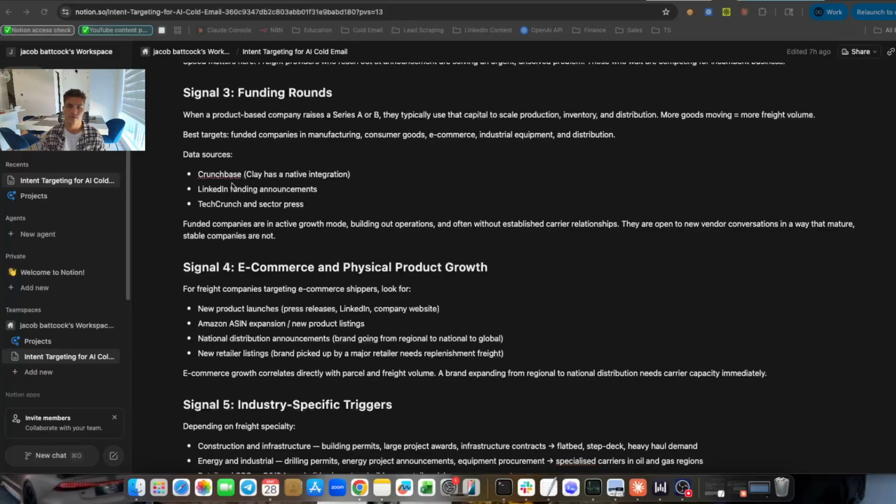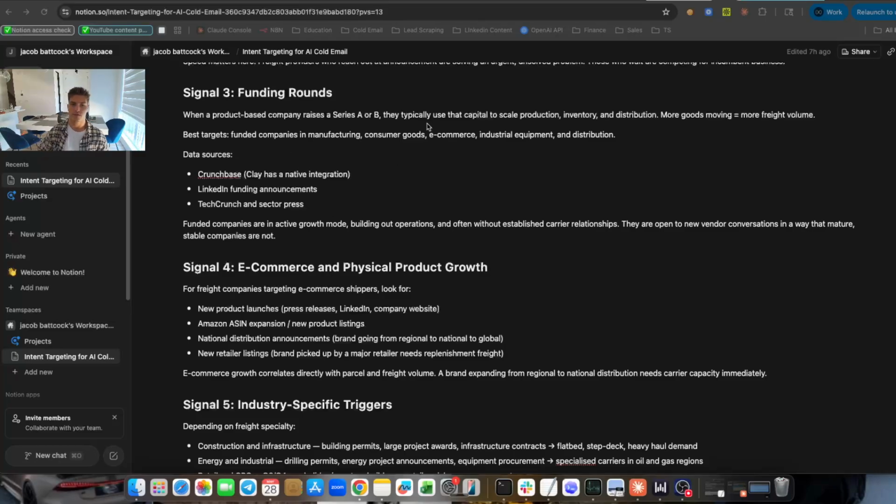More goods being moved always means more freight volume. Some of the best ways to target these could be companies having recently raised Series A or Series B in manufacturing, consumer goods, e-commerce, industrial equipment, as well as distribution companies.